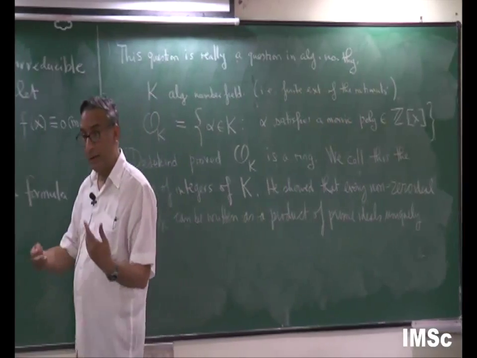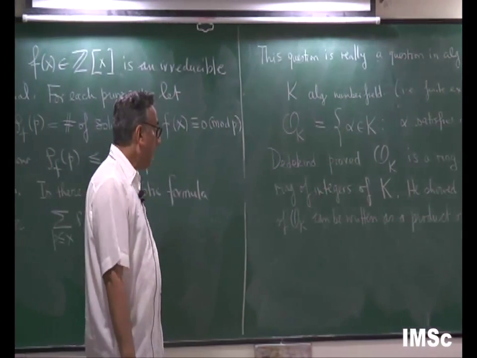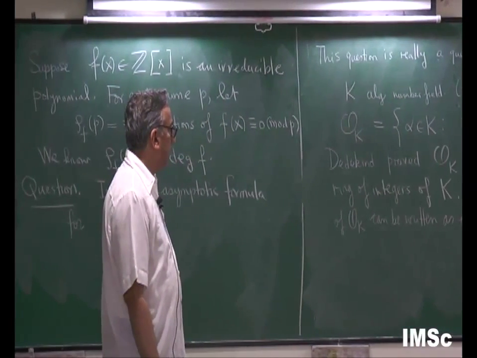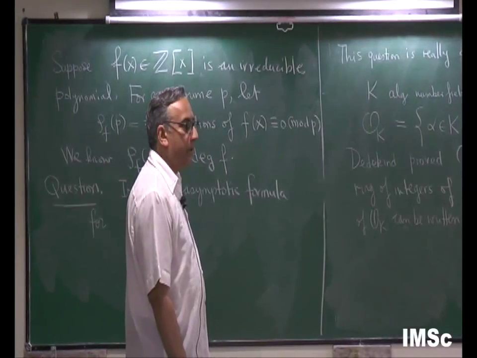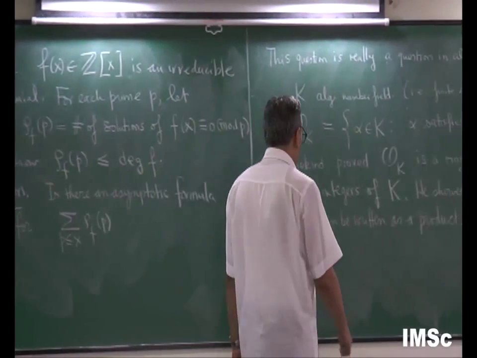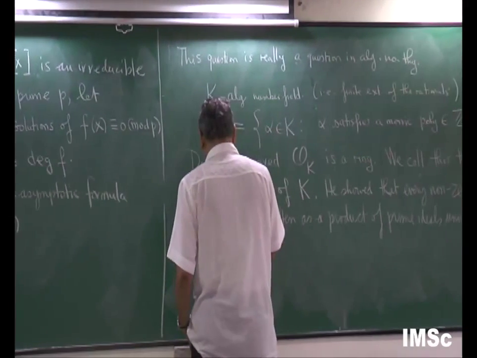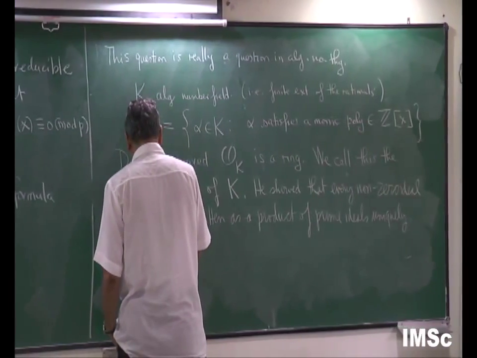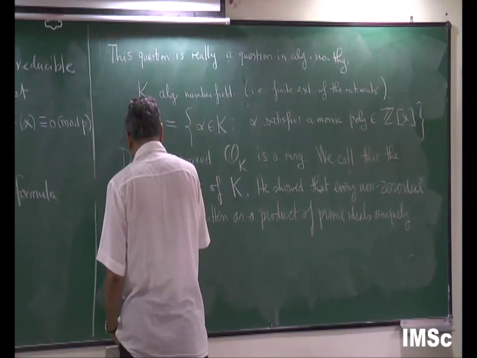Okay, so you can factor all the ideals uniquely, and inspired by the Riemann zeta function, he tried to define a zeta function. So here's how it goes.